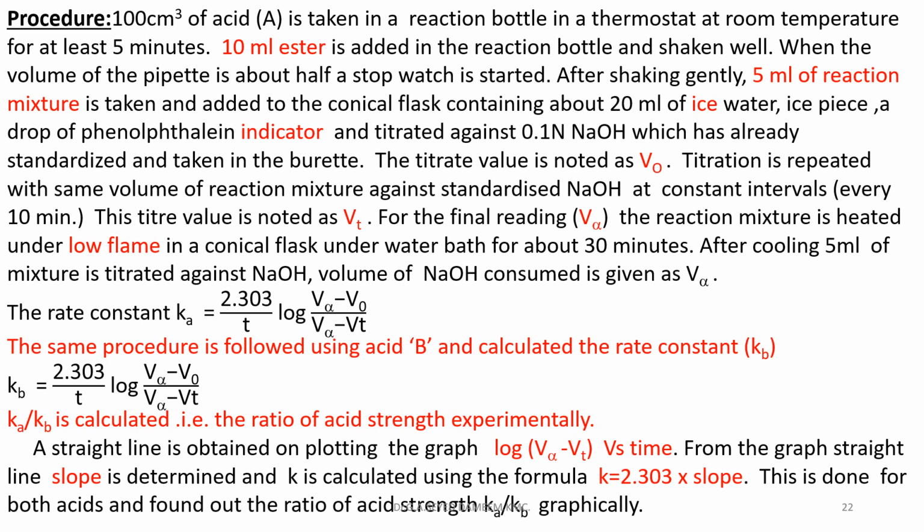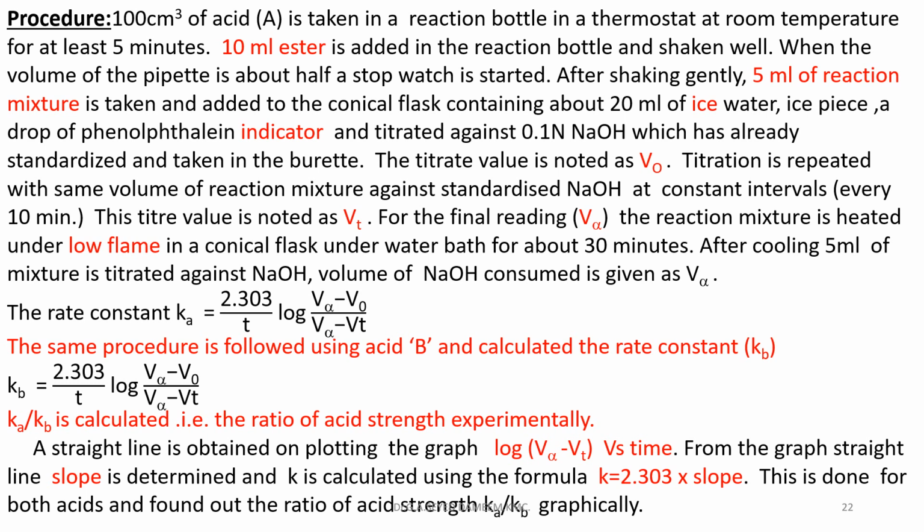This is done for both acids, A and B, and from that we can calculate the ratio of rate constants Ka by Kb graphically, which is the ratio of acid strength by the graphical method. So we can report the ratio of acid strength by the experimental method and also by the graphical method.